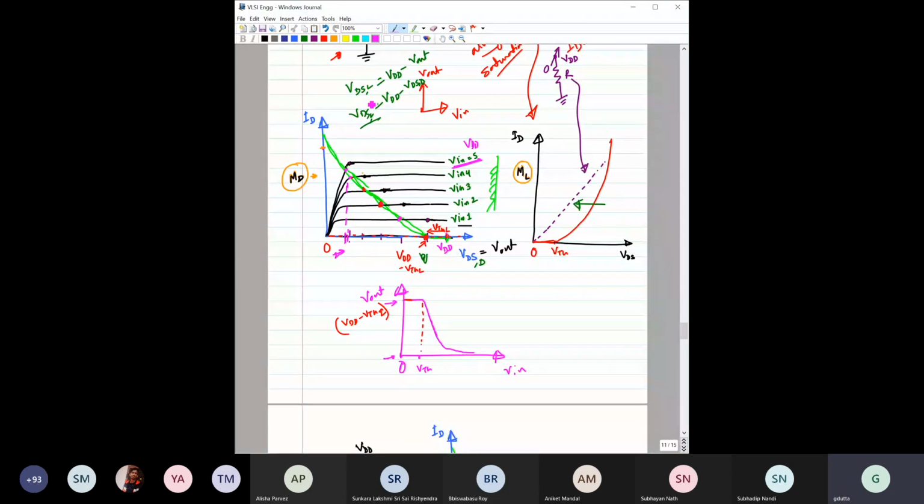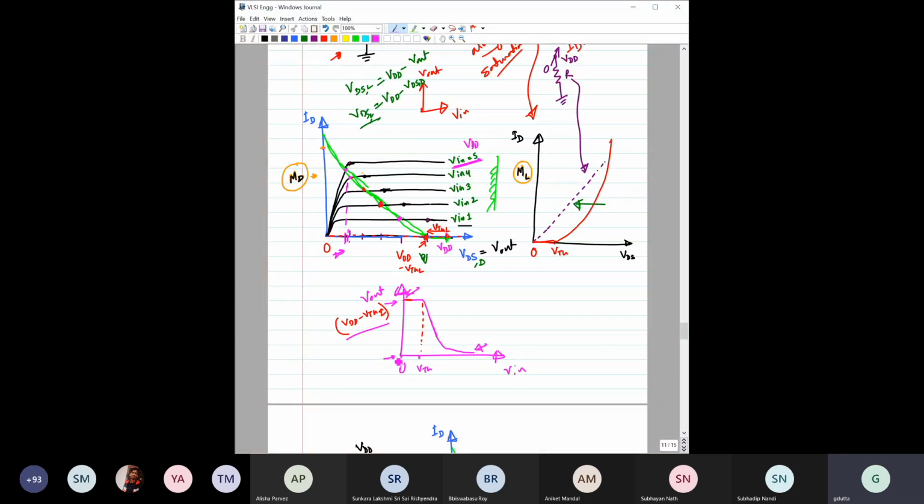But for the previous case, VOH dash was equal to VDD. But now for this type of design, neither the highest output voltage nor the lowest output voltage is equal to the rail voltage. Rail voltage means 0 and VDD, right?